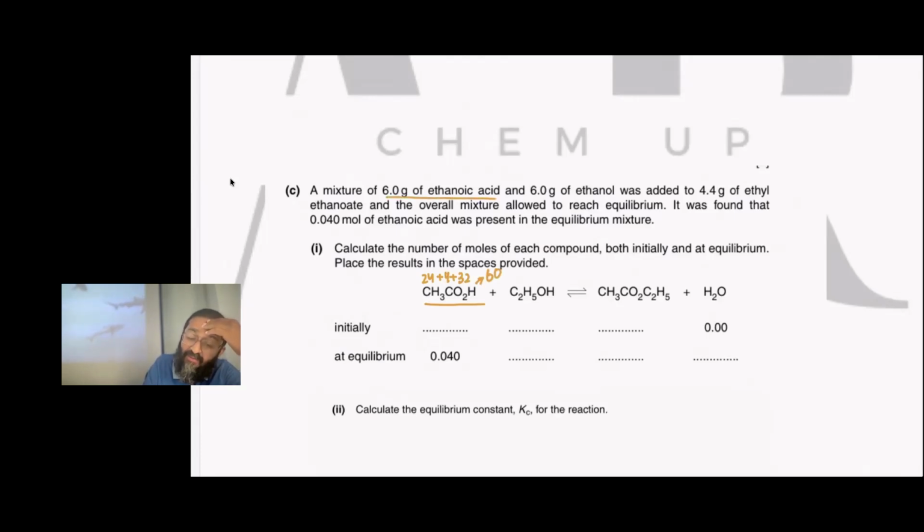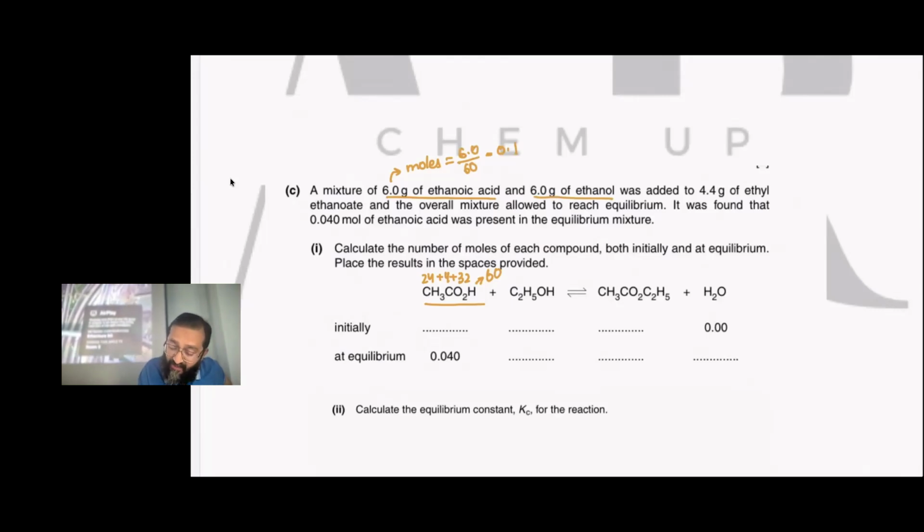So if I need to calculate the moles of ethanoic acid, it is going to be 6.0 over 60, which makes it 0.1. Is this understandable? Now you got 6 grams of ethanol.